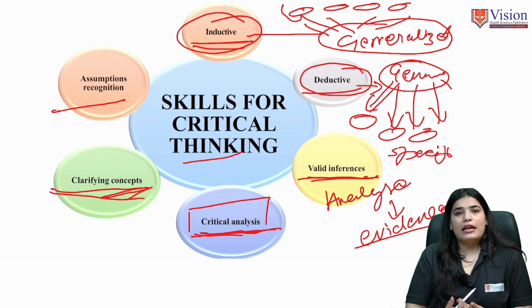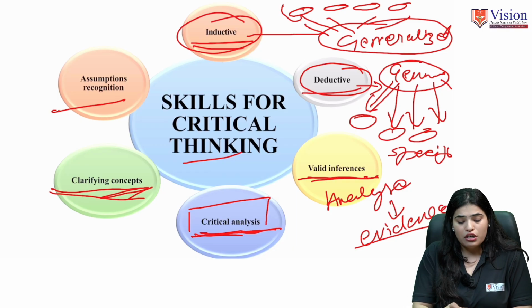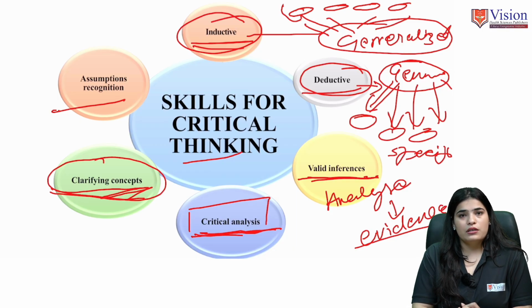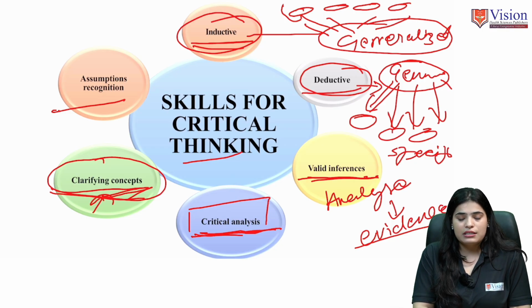Here we have to clarify the various concepts we find at the time of critical thinking. We don't make assumptions; we clarify why something is happening, what the reason is, and what the evidence is.